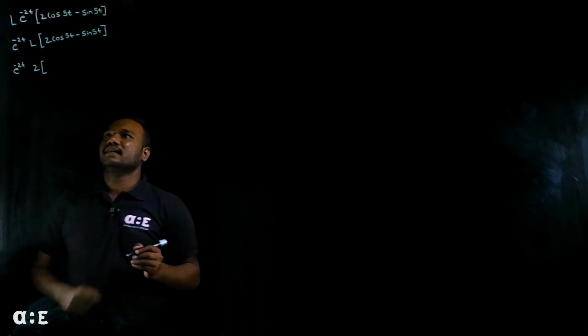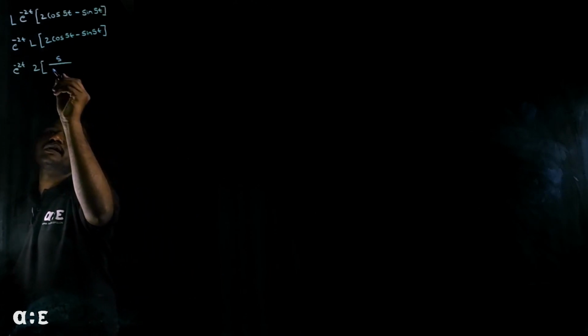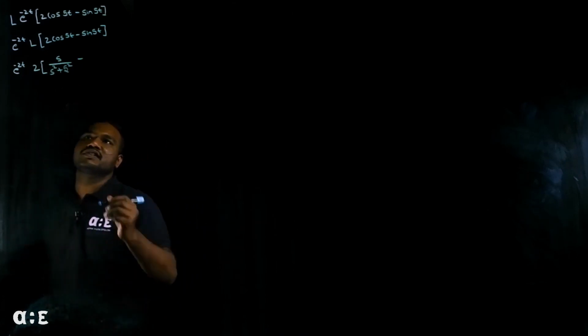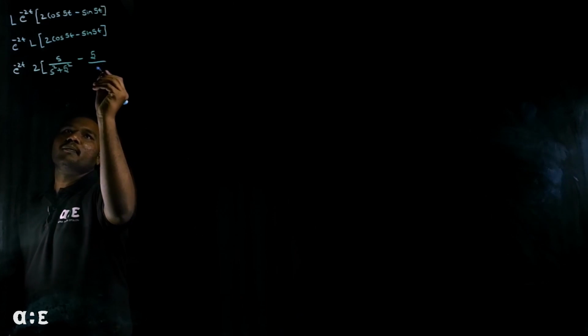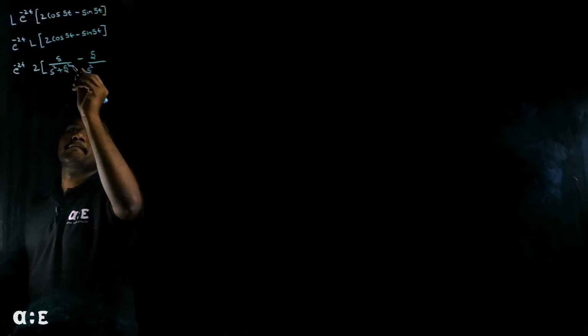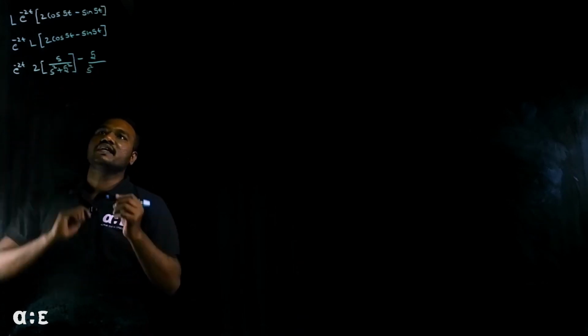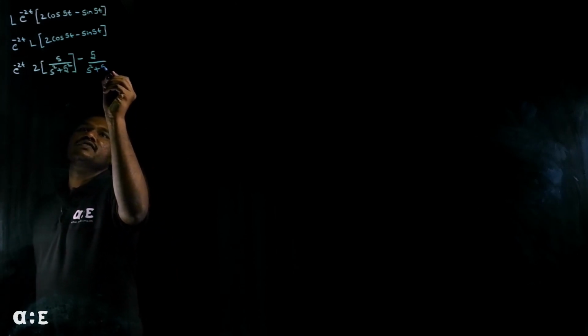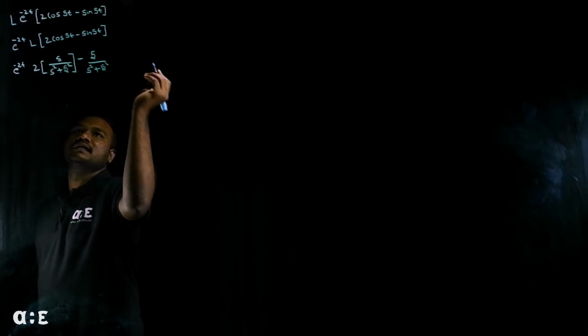Laplace of cos πt becomes s upon s square plus π square, minus, again Laplace of sin πt is what? π upon s square plus π square. The 2 is only for the first term, right?